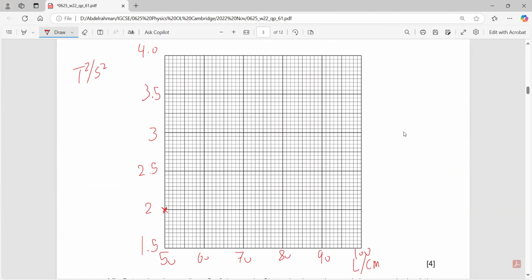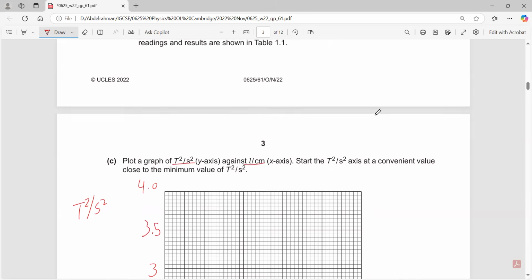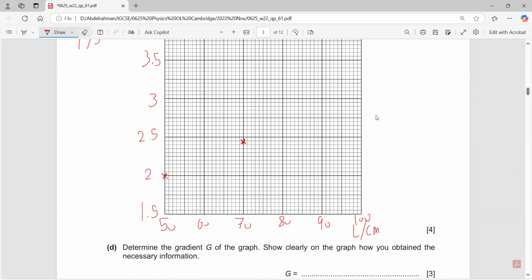Each two small squares are 0.1, so 2.43 is just below 2.5. I'm sorry, this is with 60, so it's here.